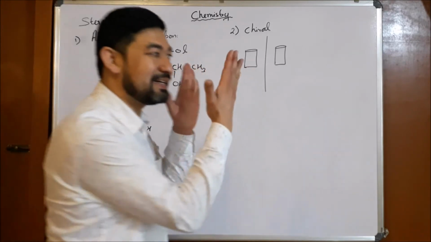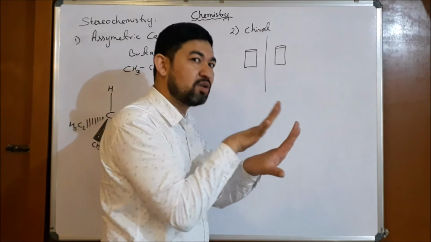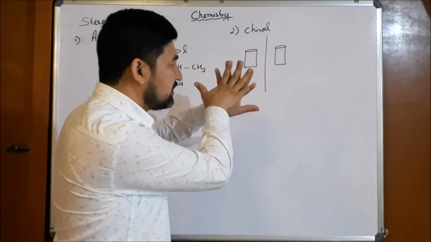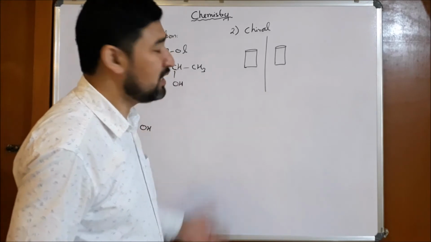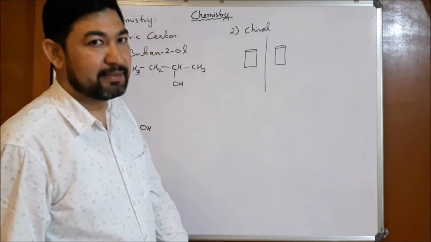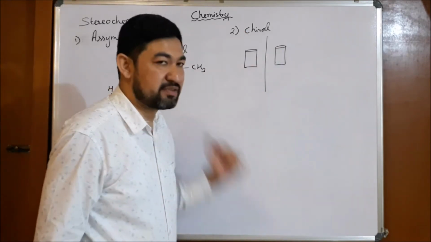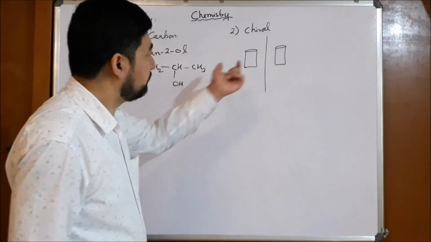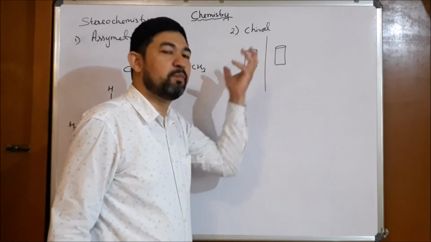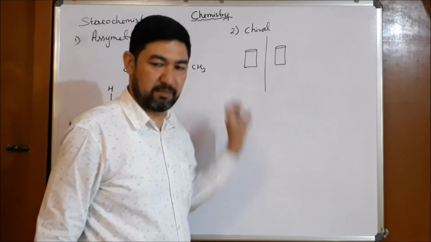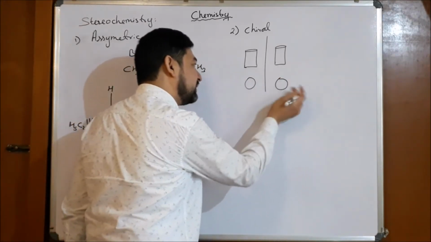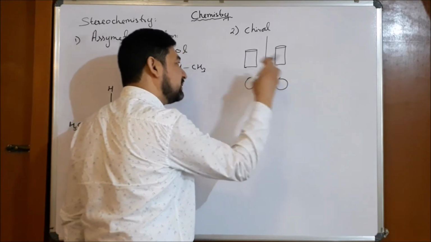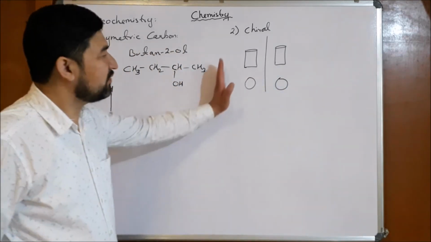They are related as mirror images, but they are not superimposable. Similarly, a pair of legs are chiral substances. But a pair of glasses or 2 spherical balls are related as mirror images, and they are superimposable, that means they exactly fit. These are physical objects.